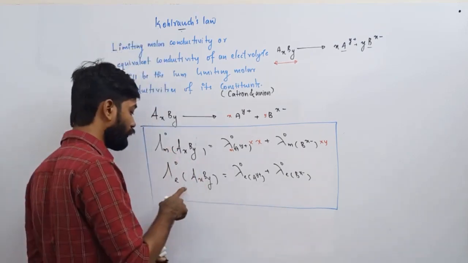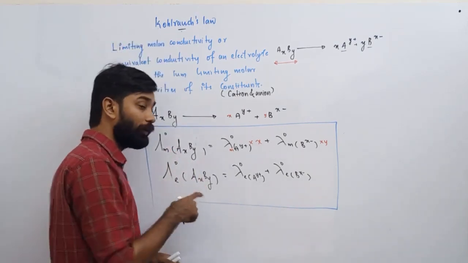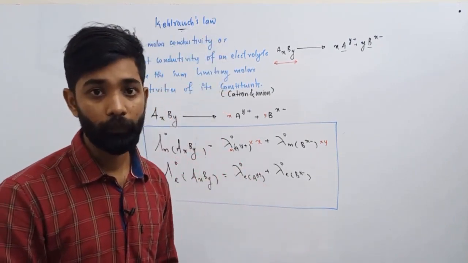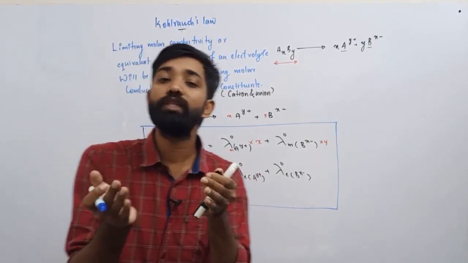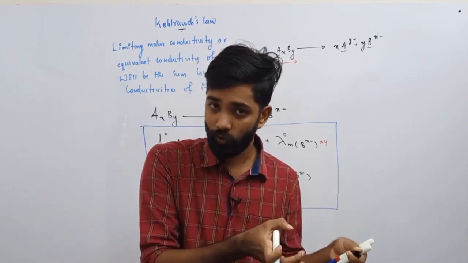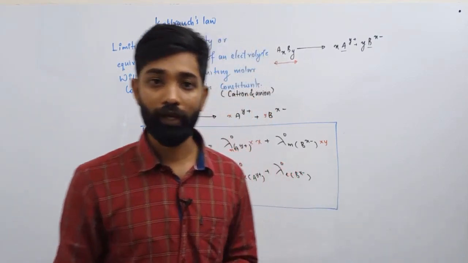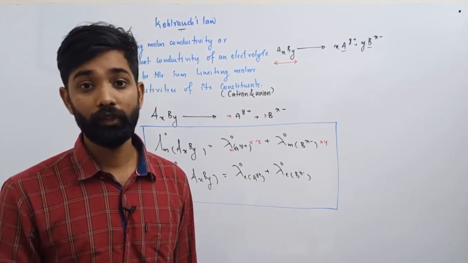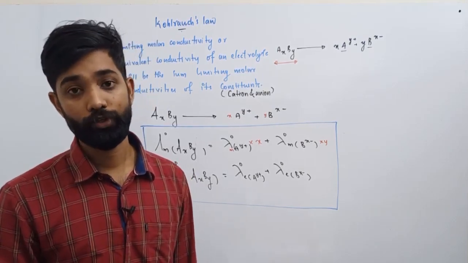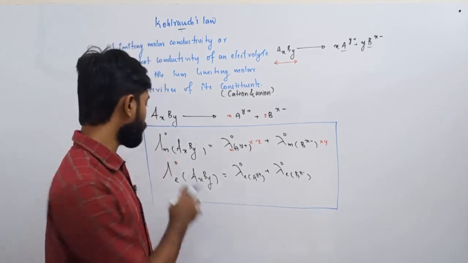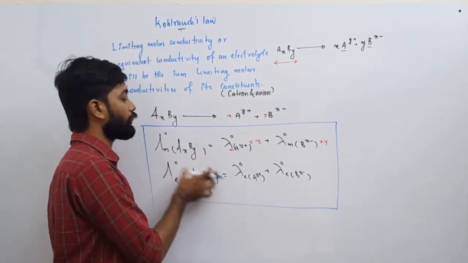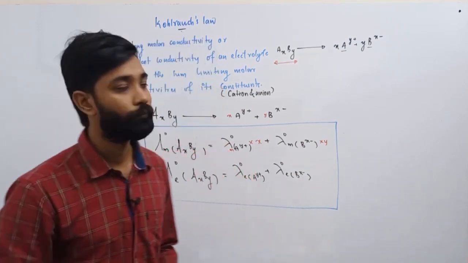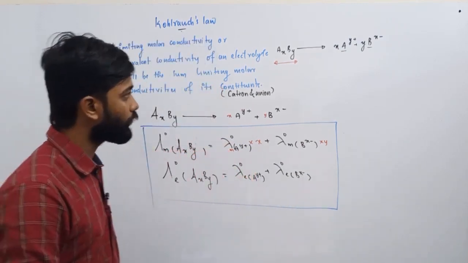But if you are asked to find the limiting equivalent conductivity of that electrolyte AxBy, then you simply choose the limiting equivalent conductivity of cation and of anion and make a sum. No need of multiplying with any other kind of numbers. So here the capital lambda represents the electrolyte and the smaller lambda represents the constituents. Okay, fine. Listen, I'll give you an example.